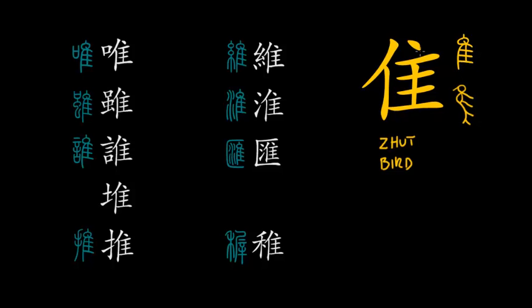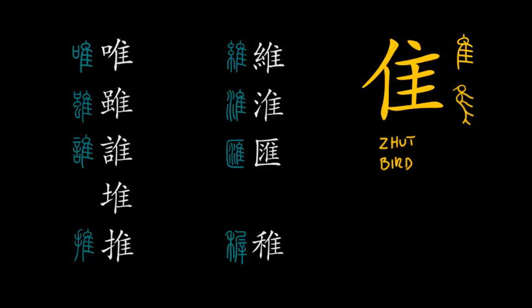And why I'm telling you all of this is that if you look at the modern version of this character and the Oracle bone script version, you can see that there is a big difference. But if you go back through that intermediary step of the seal script, you can sort of see what happened to this character and why it looks the way it looks today, and maybe even what the changes were from what it looked like earlier.